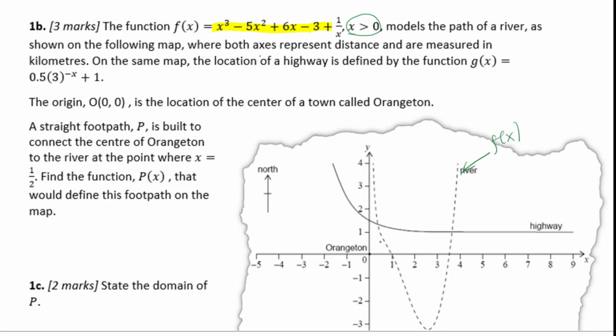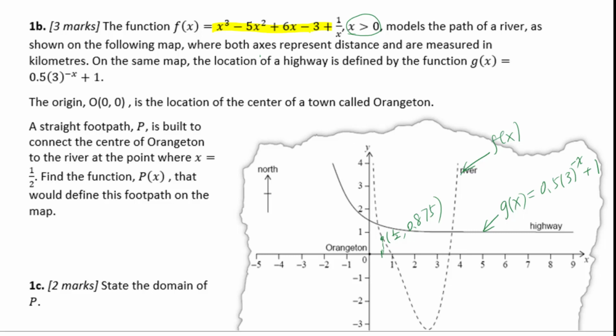We already figured out 1 over 2. The point will be 1 over 2, 0.875. The highway will be g of x. It's an exponential function, 0.5 times 3 to the negative x power plus 1.